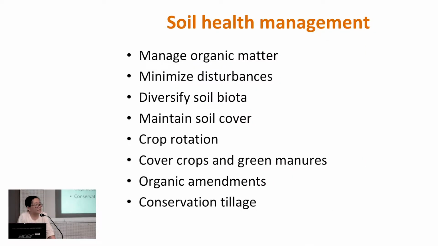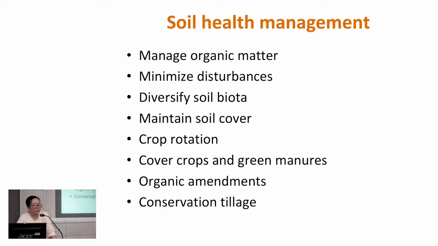To manage soil health, the reference lists eight main activities: managing organic matter, minimizing disturbance, diversifying soil biota, maintaining soil cover, as we have mentioned many times in this ESS course.